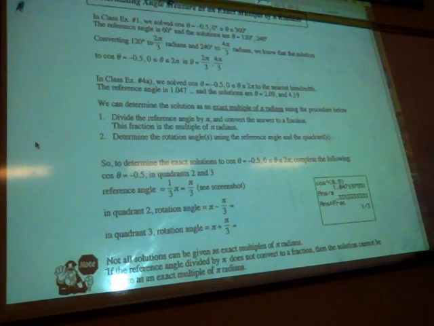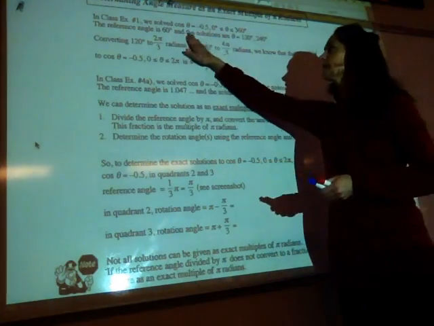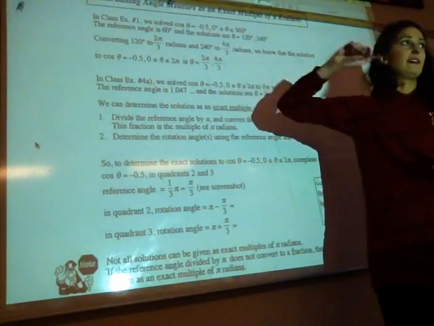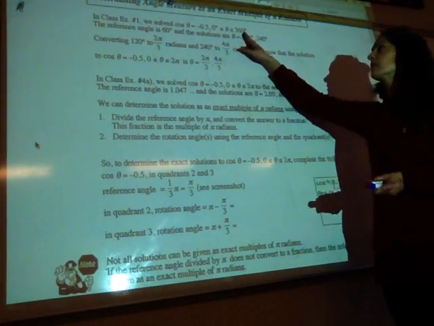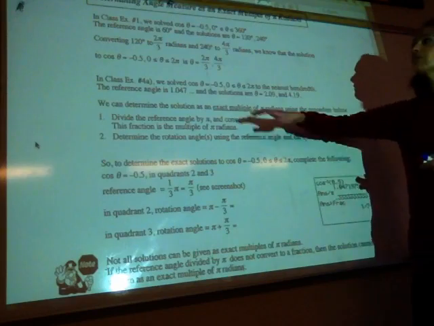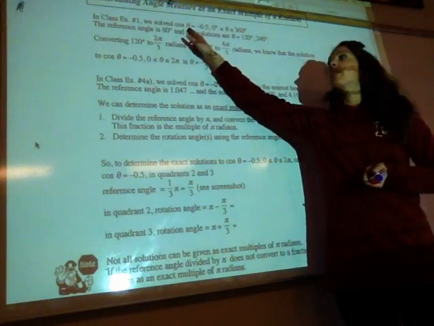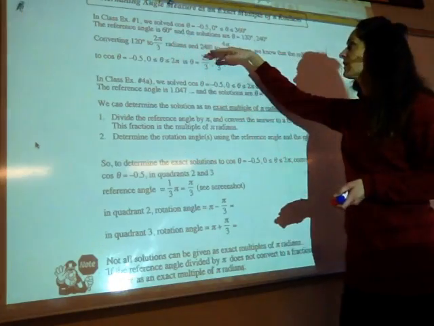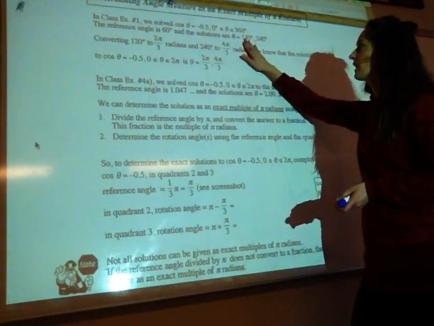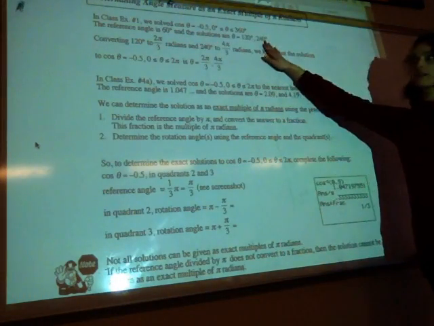The very first example of the day, we looked at cosine theta equals -0.5, with a domain between 0 and 360. If we went second cosine 0.5, we got a reference angle of 60, and we figured out that our solutions were 120 degrees and 240 degrees.